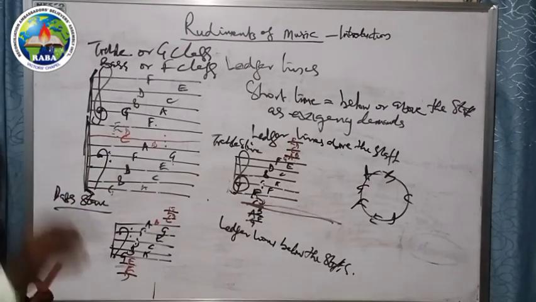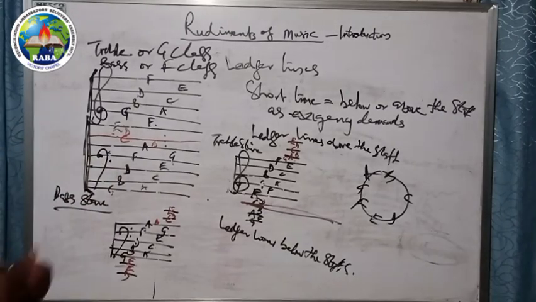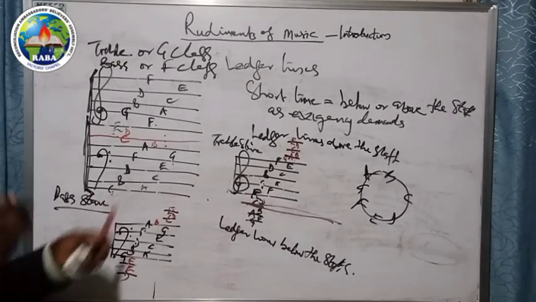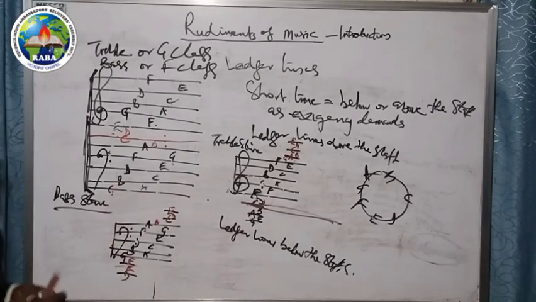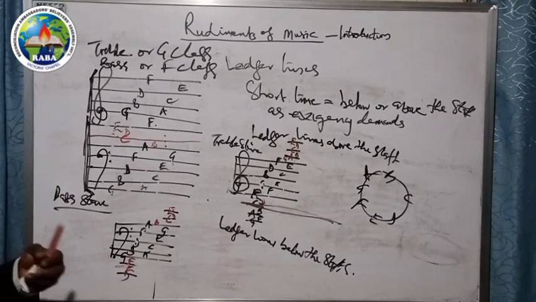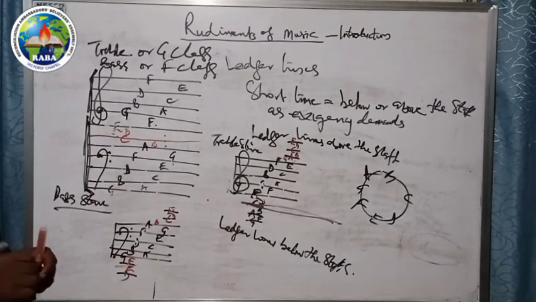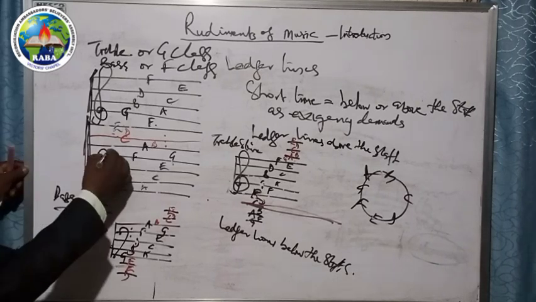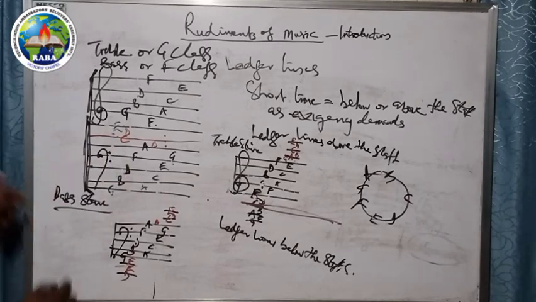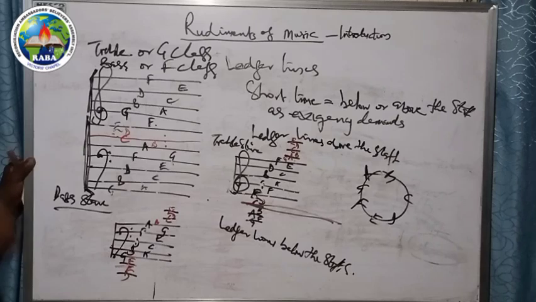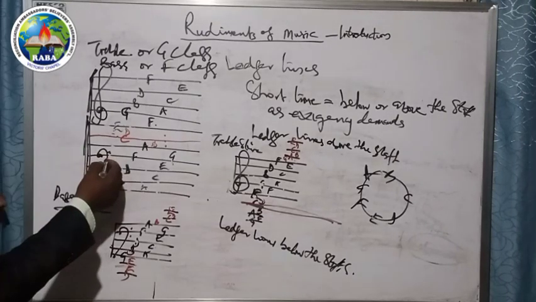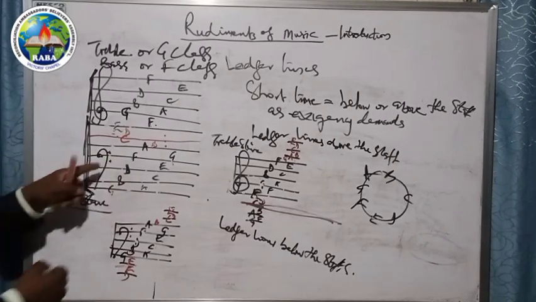Like when you draw the map of Africa without Madagascar, or whatever we are taught in geography, it doesn't make a proper diagram. So when you have something like the stick of the talking drum, you put this one. But let me tell you that in some ancient books, you will not have the bass clef like this.